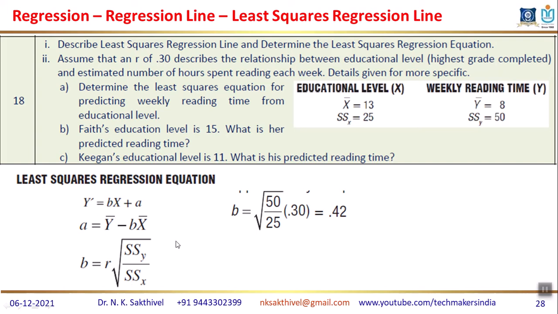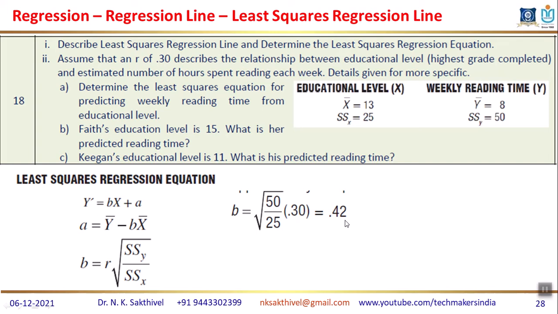Then the square root of the sum of squares of y, which is the weekly reading time, is given as 50. Then the sum of squares of x, the education level, is given as 25. So 50 by 25, into 0.3, square root: 0.42. Now I calculated b. That is the regression coefficient.